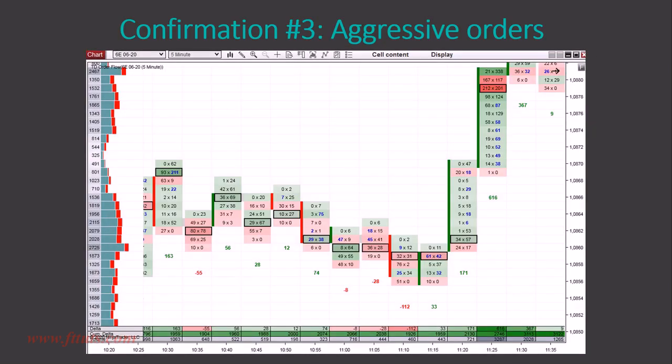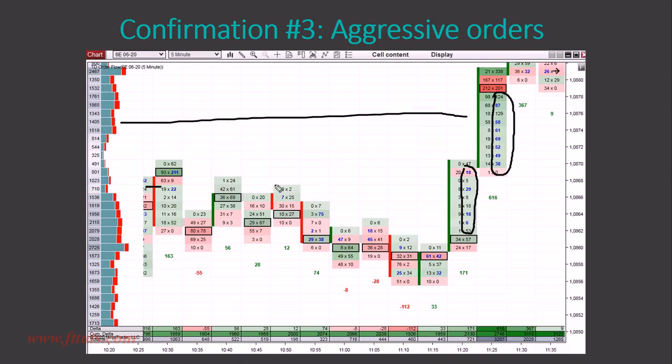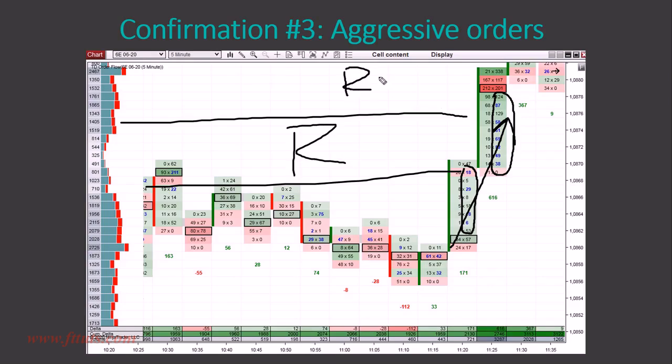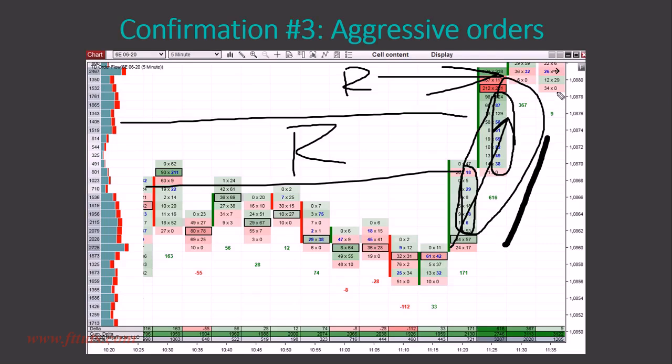Alright, so let's have a look at another example. In this example, I wanted to show you those aggressive buyers, those buying imbalances in here, also in here. If you have a resistance, and you see those guys going against you, the resistance could also be in here. It doesn't matter if you see this going against you, aggressive buyers jumping in with buying imbalances.